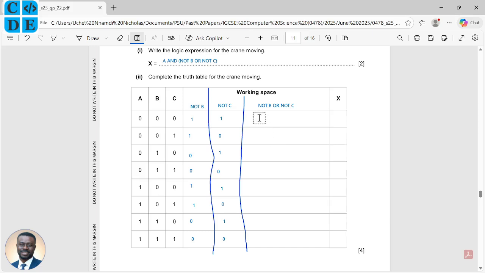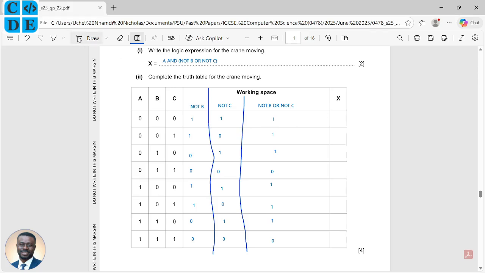So here we're now doing NOT B OR NOT C. So this should be 1. Again, please do well to double check. It looks like we're good to go. Now we need to do the final part.